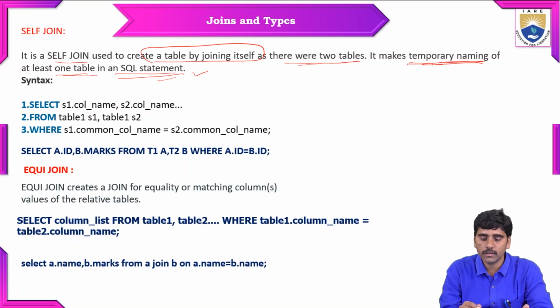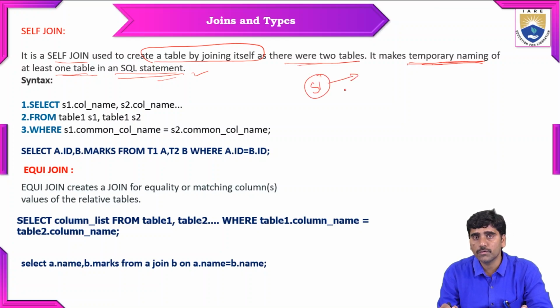So here the table name is S1. But if it wants to join with itself, we need to create an alias name for this table. This is the main table, and this is the alias table for S1. So how can we join them together?